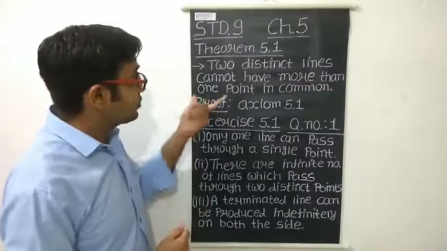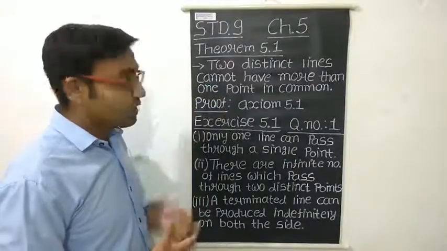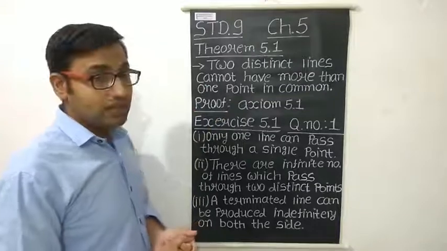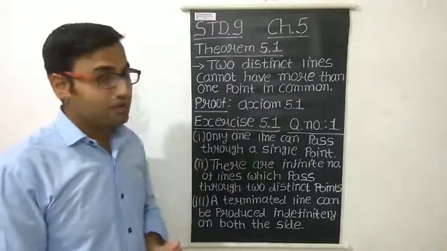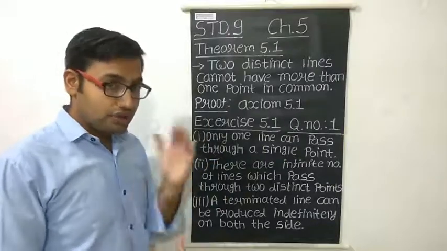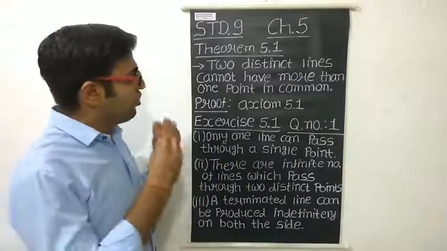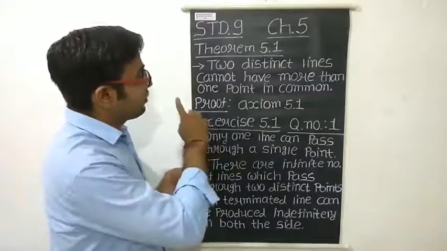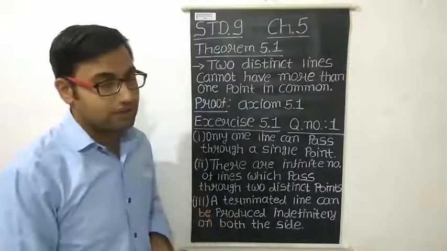As I have said, the theorem needs a proof. To prove that, we can use axiom 5.1, which we already studied. And axioms are what? Axioms are statements that are universal truths. So let's suppose that two distinct lines intersect in two different points.